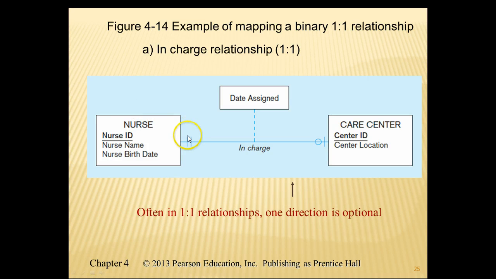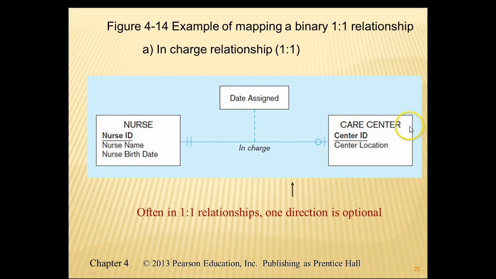And of course, the one-to-one relationship is pretty easy. You have a nurse that is the head of a care center. Now, not every nurse is the head of a care center, so that can be optional. But every care center must have a nurse or a lead nurse. So that is mandatory one, and this is optional one.